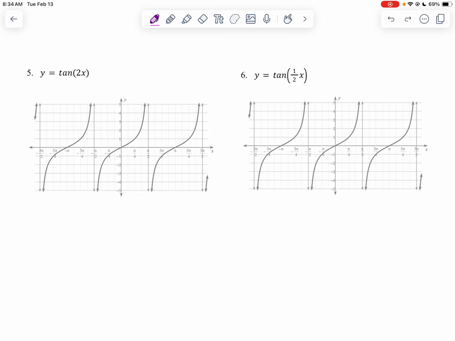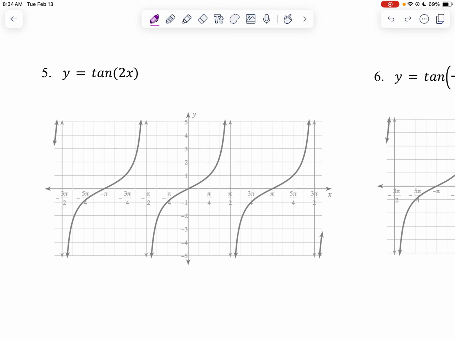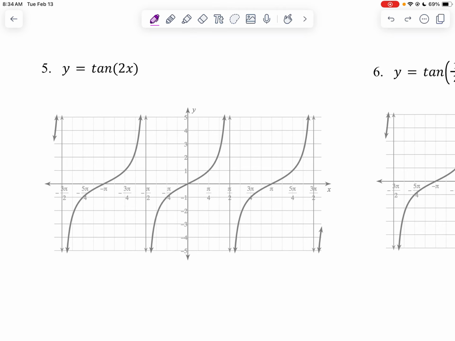And we know from horizontal changes related to x with our transformations, that can be a little bit trickier because we have to think the opposite way. So if I'm looking at something like the tangent of 2x, I'm going to look at all my key points as well as my asymptotes, because my asymptotes are going to be moving in and out horizontally as well. If I have something like 2x, I want to figure out what my new period would be.